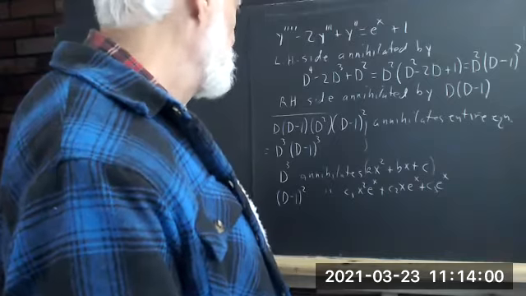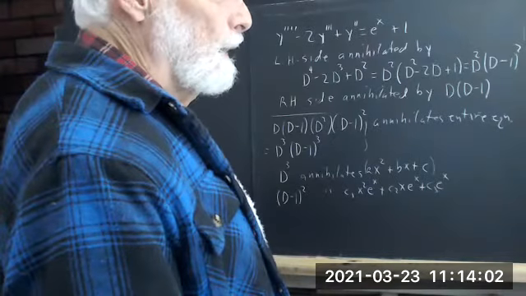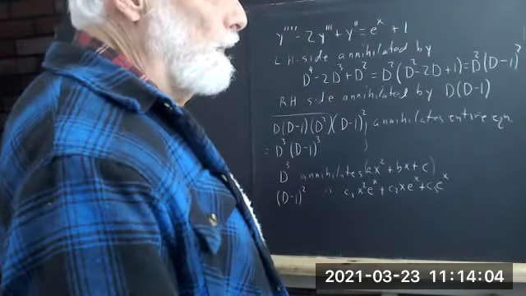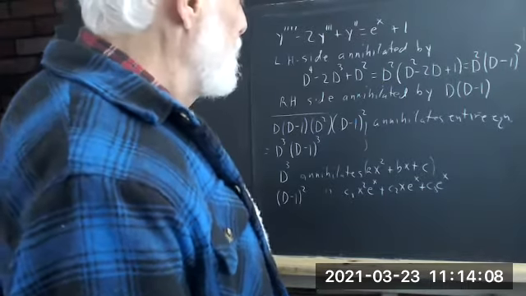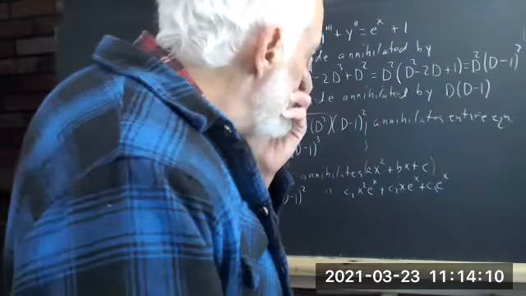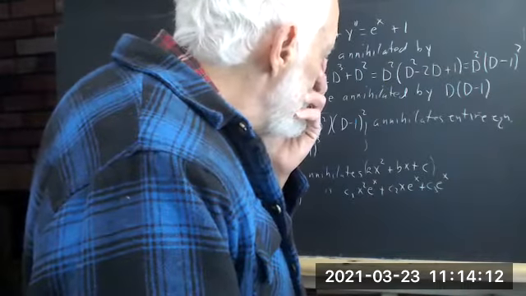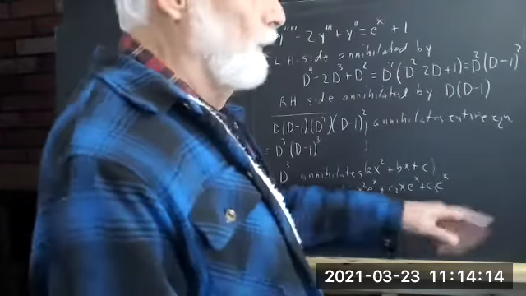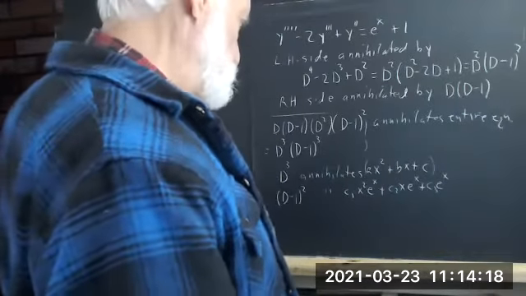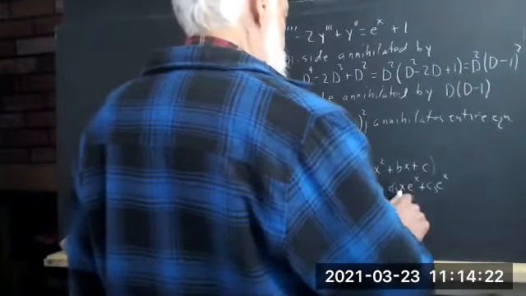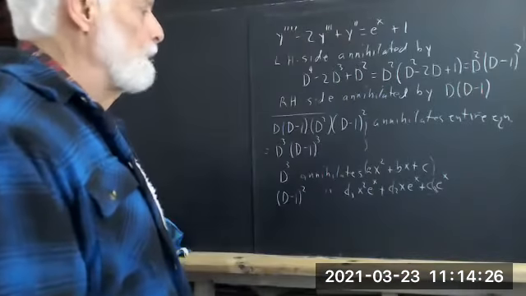Probably not a good idea for me to do this because of the way you formatted your answer. So I'm going to make this a D1 and a D2 and a D3. It doesn't matter really what we call these constants.